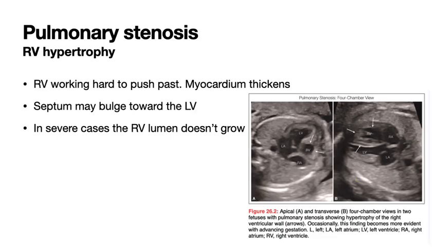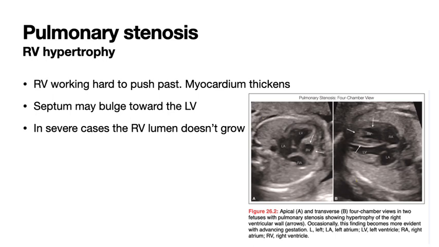All right, the next thing that's going to happen is over time, the right ventricle has been working really hard to push past this narrow valve, and the myocardium starts to thicken. The pressure is a lot higher in that right ventricle and may cause the septum to bulge toward the left. So we're getting a thicker wall, we're getting a septum that's bulging toward the left because of the high pressure in the right.